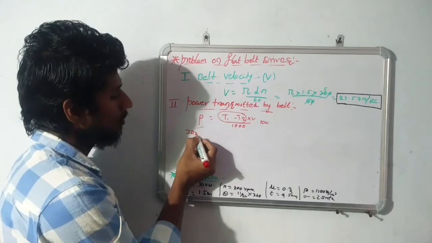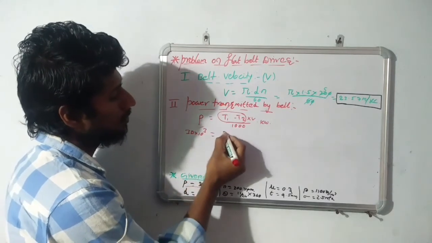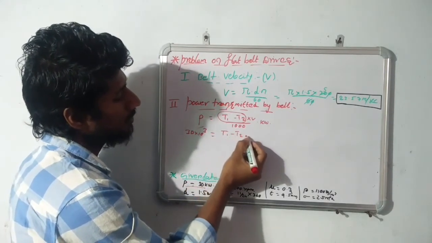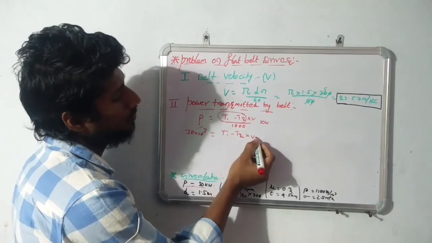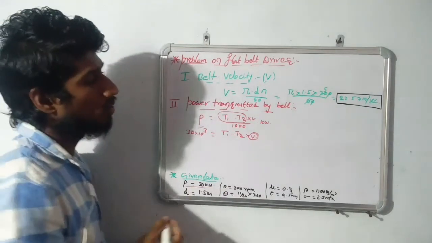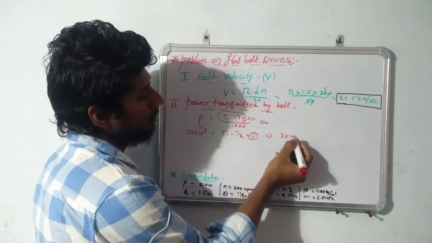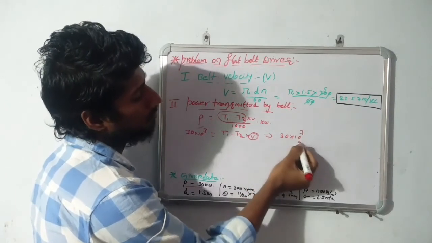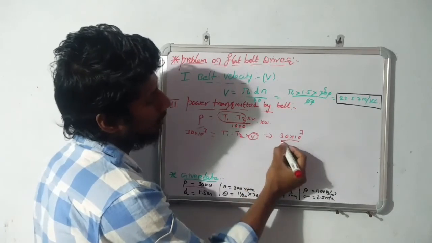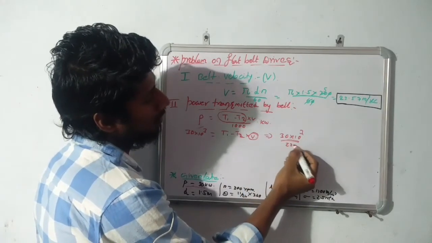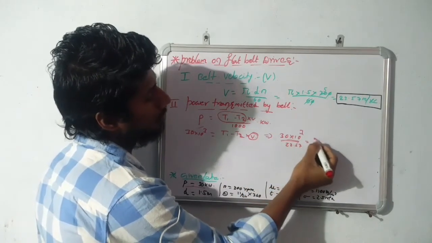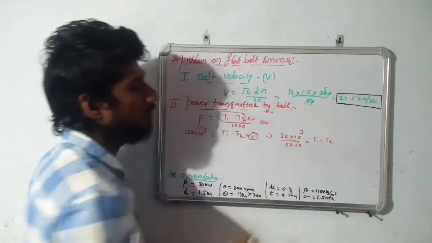So 30 into 10 to the power of 3 equals (T1 minus T2) into V. Here we know the value of V. So by substituting the value of V, 30 into 10 to the power of 3 divided by 23.57 is equal to T1 minus T2.